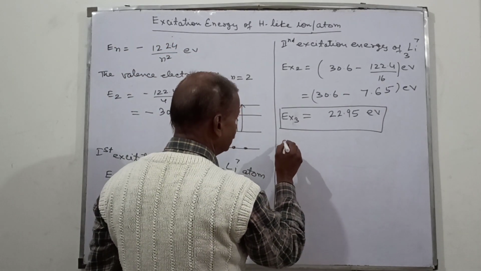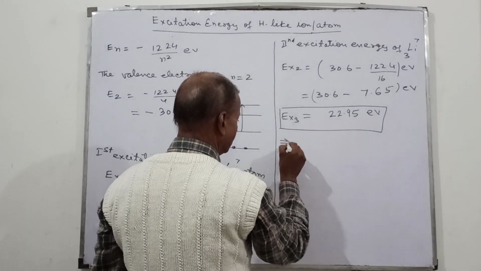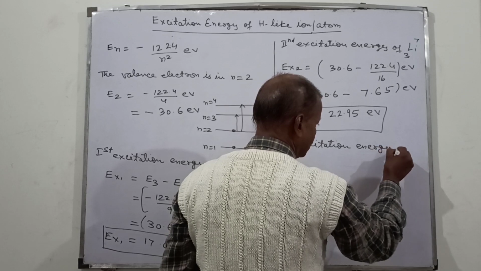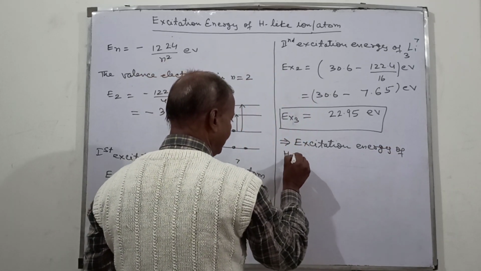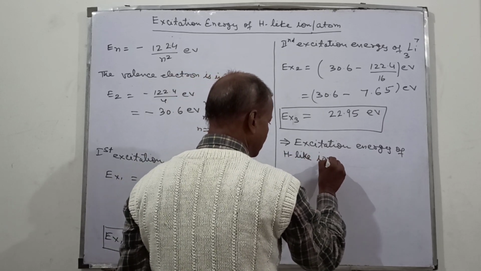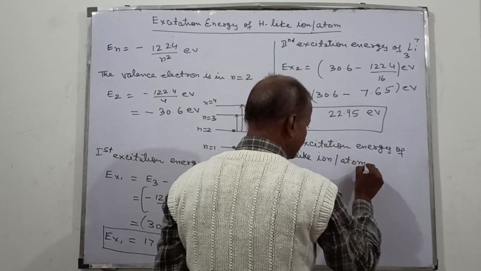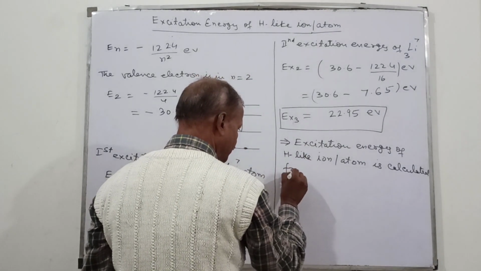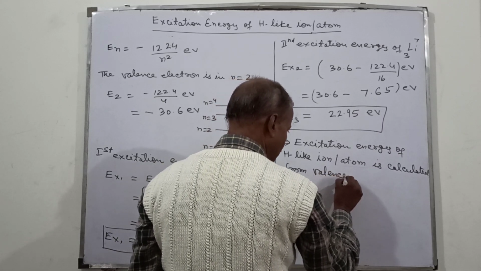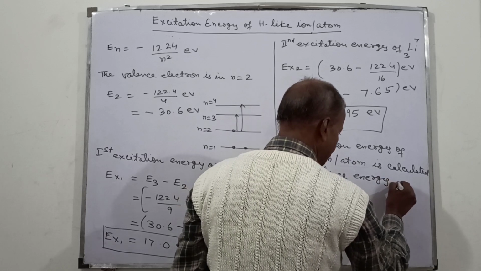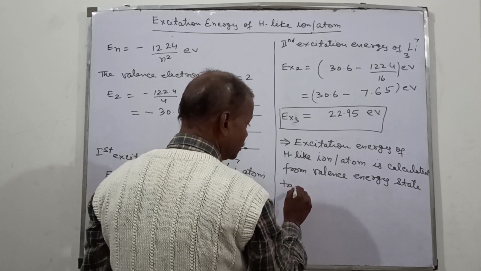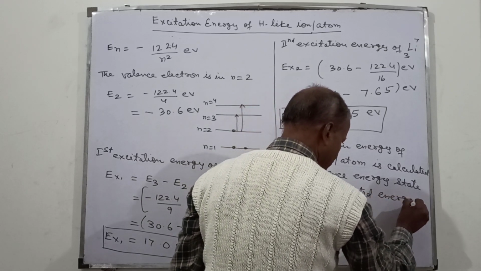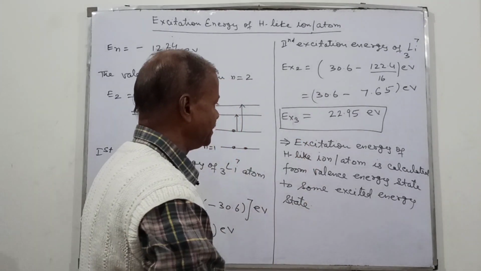So now here we have one conclusion, that excitation energy of hydrogen-like ions or atoms is calculated from balance energy state to some excited energy state.